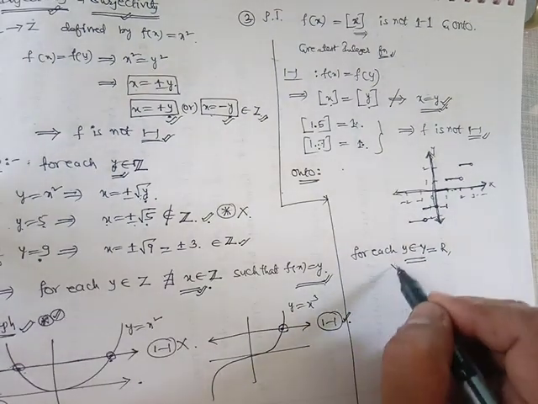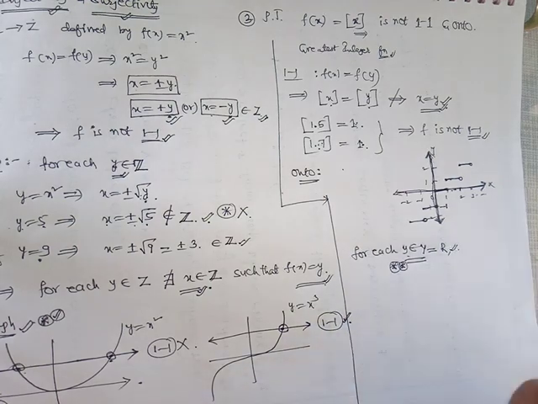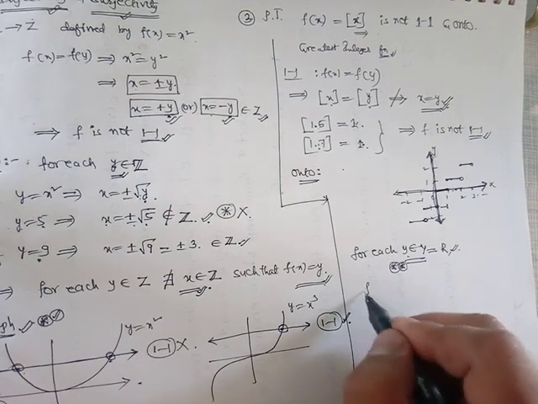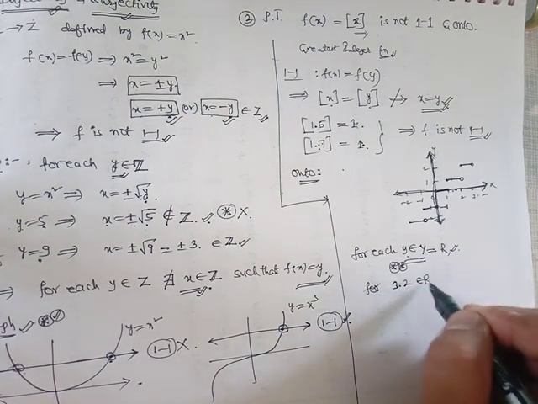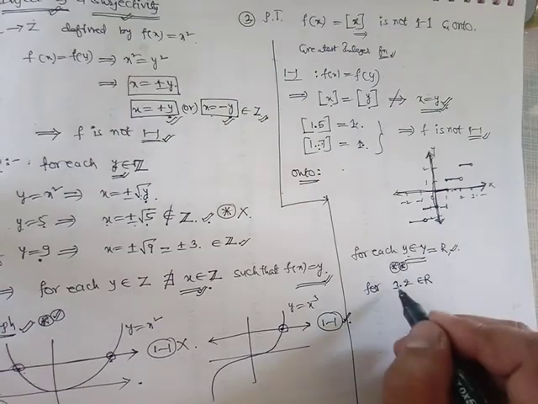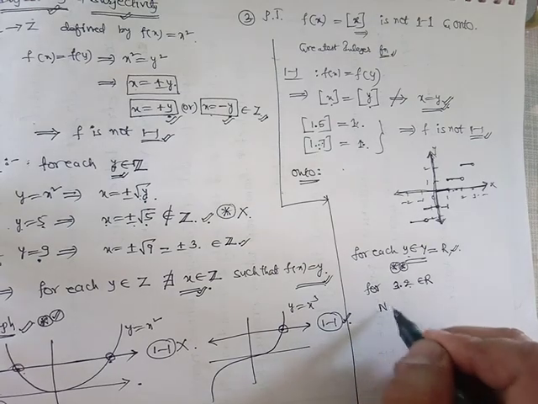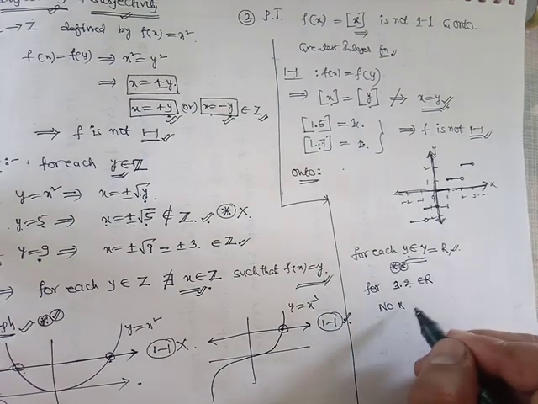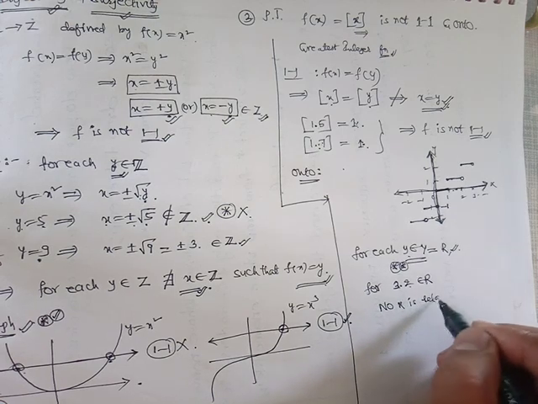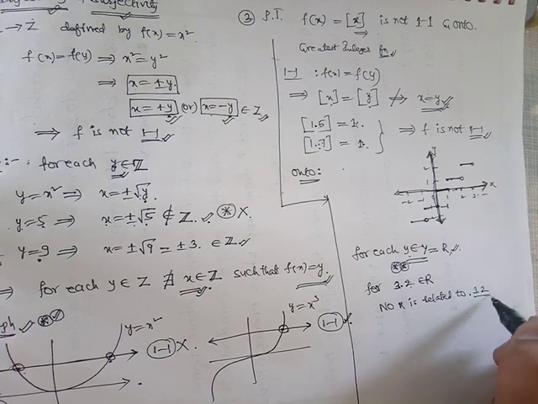But we are talking about each y belonging to real numbers. Then for 3.2 belonging to real numbers, no x is related to 3.2.